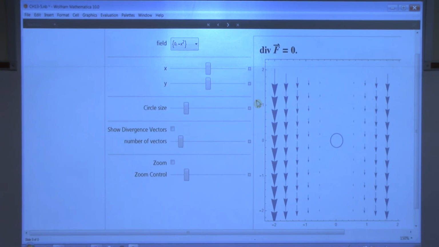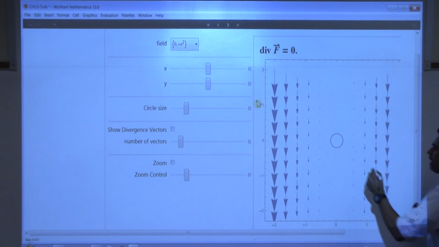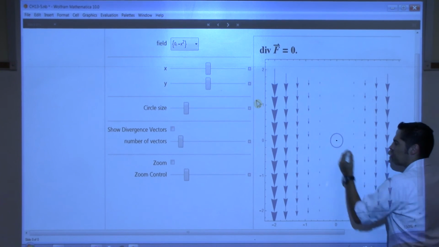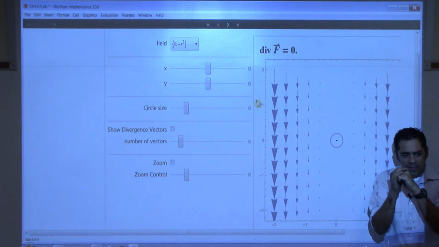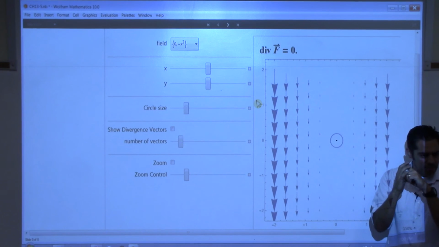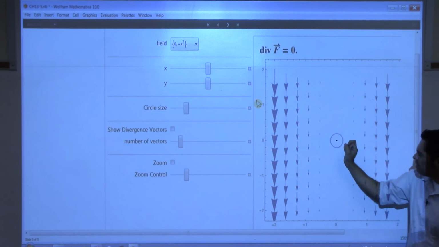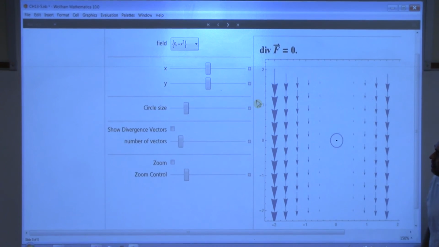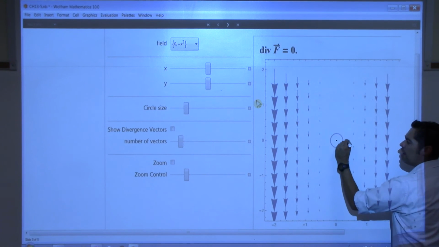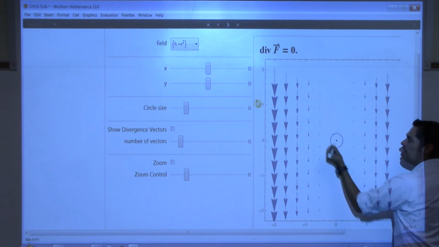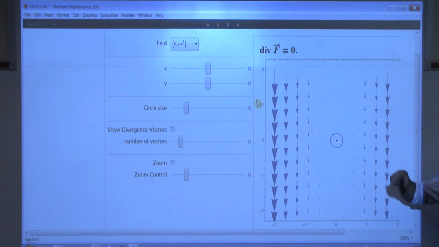What it does is we try and imagine we're at a point, and we try and imagine opening up this little infinitesimal ball, this little epsilon ball like I was talking about earlier. Now I've zoomed in on it, here it is. If I look at all the points around this ball and pick some points, there's a vector at each of those points around the ball, a vector from the field.